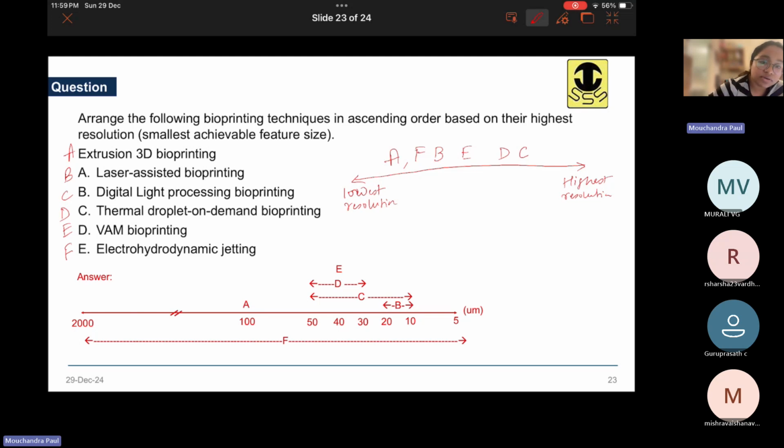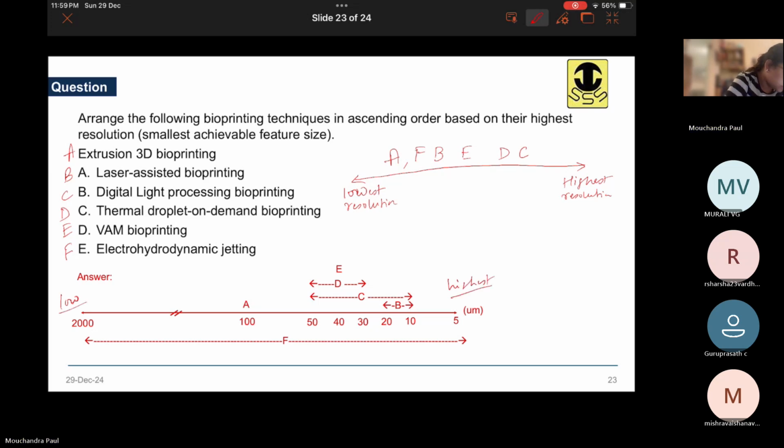Is it visible now? Yes, ma'am. So I have drawn this kind of a number line, a line figure, where the rightmost part where 2000 is written is the lowest resolution that we can get, and 5 micron is the highest resolution of printing that we can get.